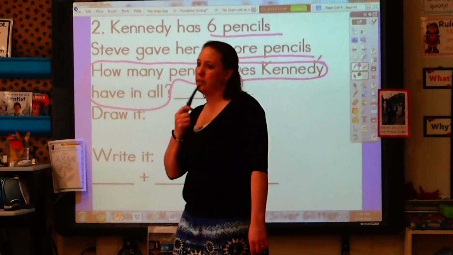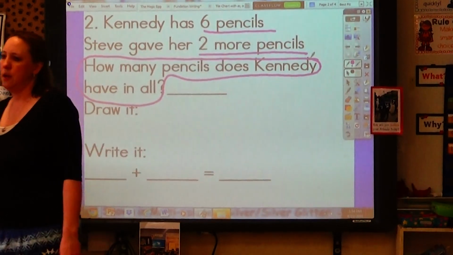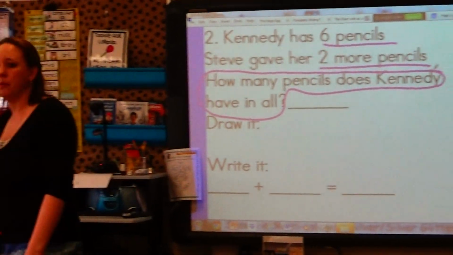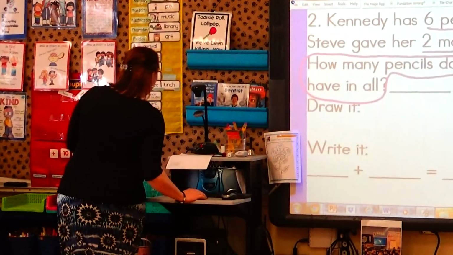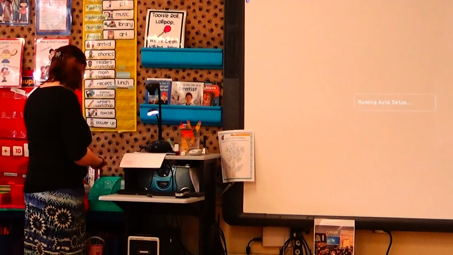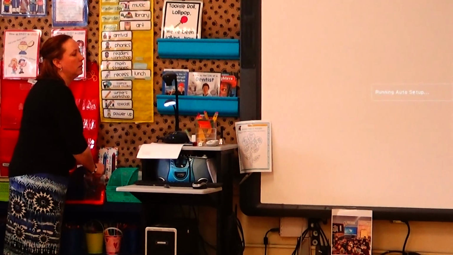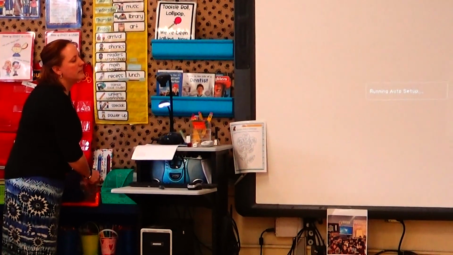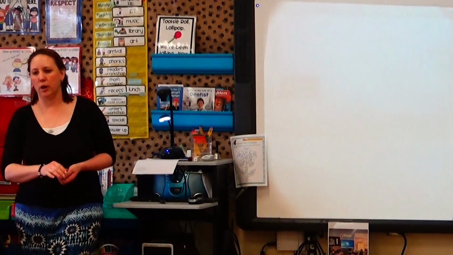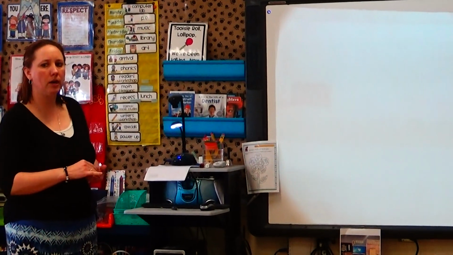I know some of you guys can do this in your head, but we're going to use some pennies and we're going to count. So I'm going to turn on the Active Inspire here, and we're going to count using pennies. We have 6 plus 2 more. Is that right? Do you guys remember?